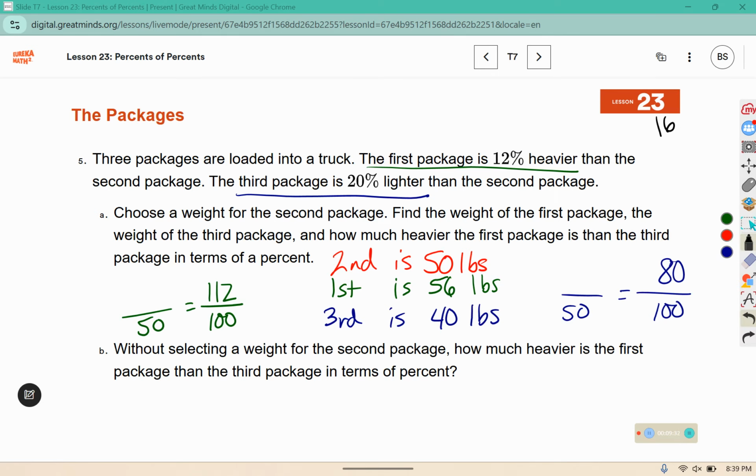And it says how much heavier is it than the third? That means we're using the third in our whole position. So if we're figuring out the percent, 16 times 100 divided by 40 is 40%. So it's 40% heavier.